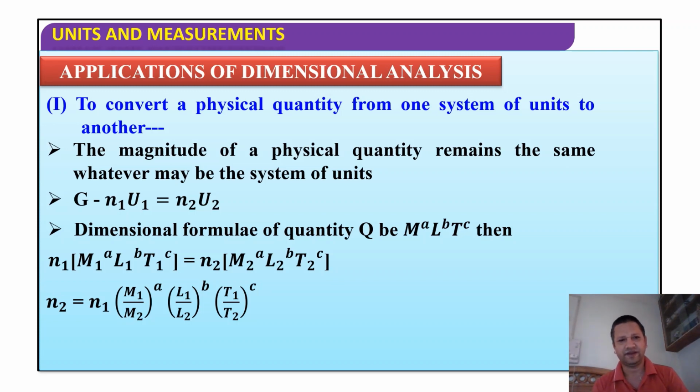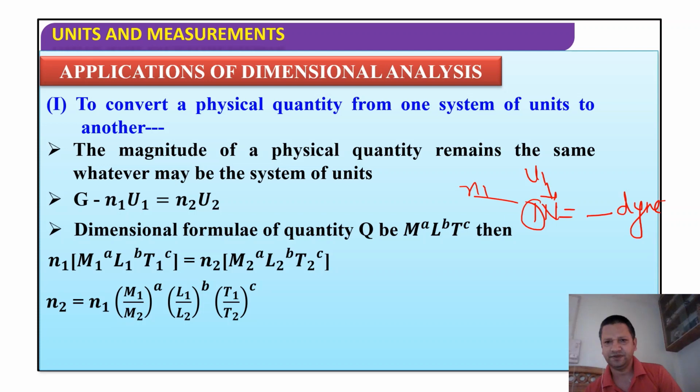Let me give you an example. Suppose we want to convert 1 Newton into how many dyne. So this 1 is n1, this Newton is u1, this unknown term is n2, and this is u2. Our basic purpose is to calculate n2.